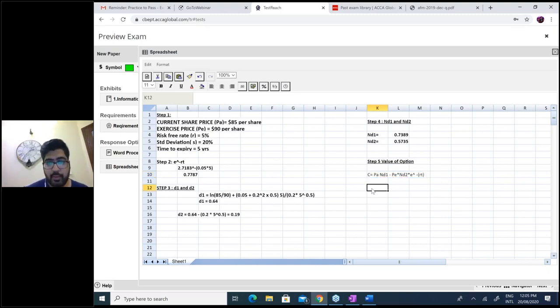Okay, so apply the call value formula. Call option value is equal to PA. What is PA?